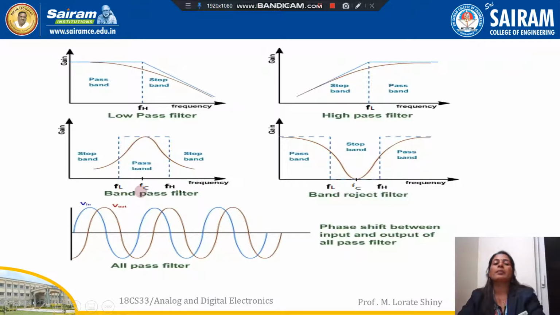In band pass filter, one particular band is allowed, but in band reject filter one particular band is rejected. Next, all pass filter. It allows all the frequencies but it provides a phase shift. So you can see here positive, negative; for the negative it is positive, so it provides the phase shift.